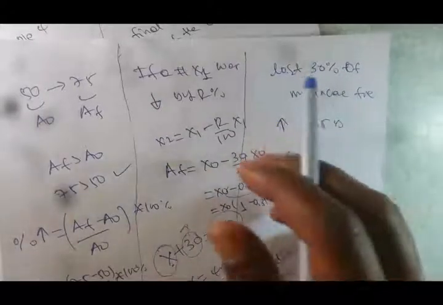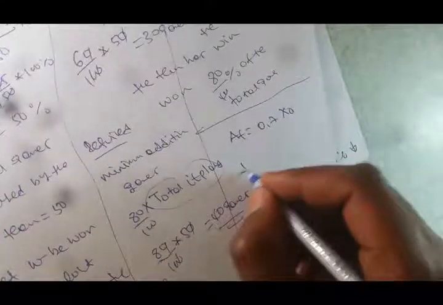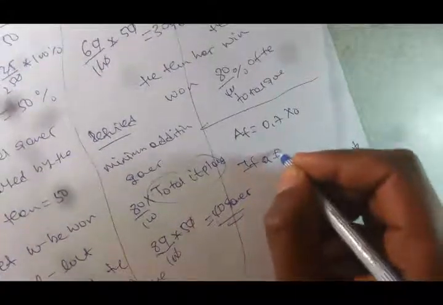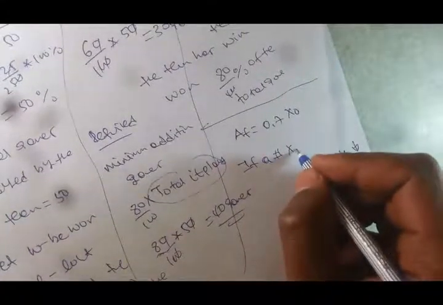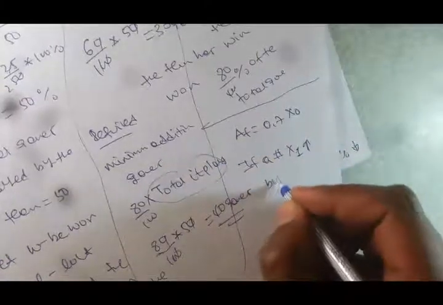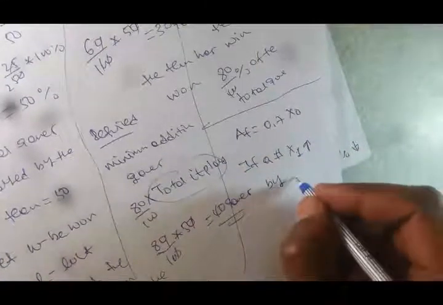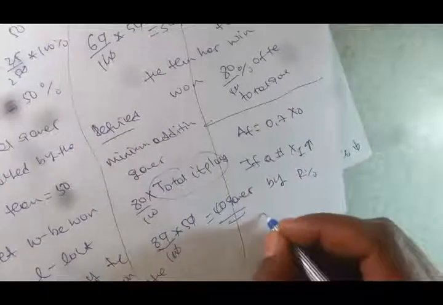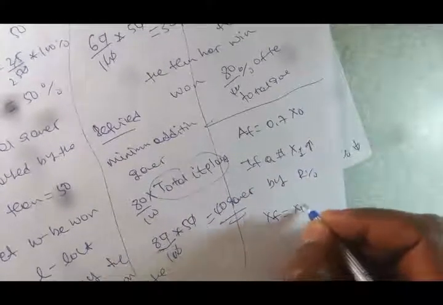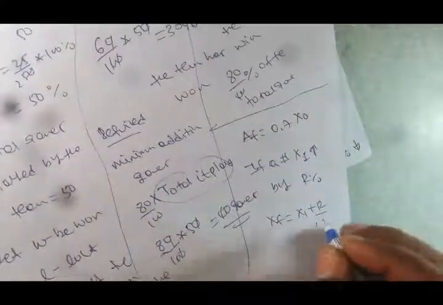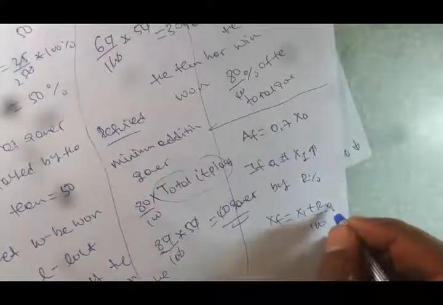Then it states that the income was increased by 25%, and we know that if a number x1 is increased by r%, then x final will be x1 plus r over 100 of x1.